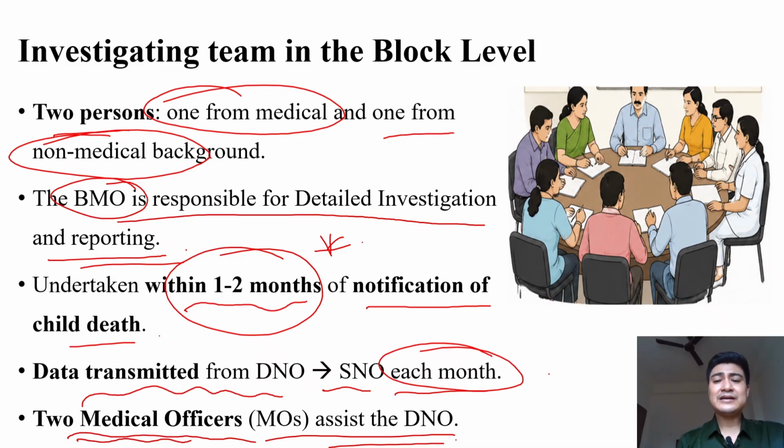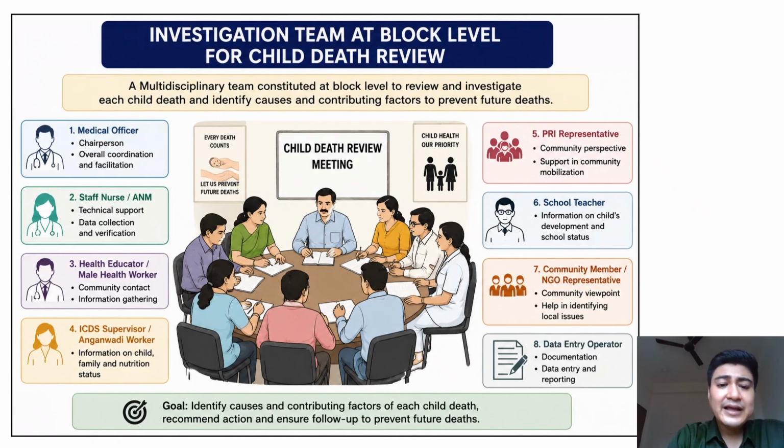So now let us briefly discuss how the investigation at the block level takes place. At the block level, like I said, the block medical officer is the overall in charge of this team. Then there would be one non-medical person as well.